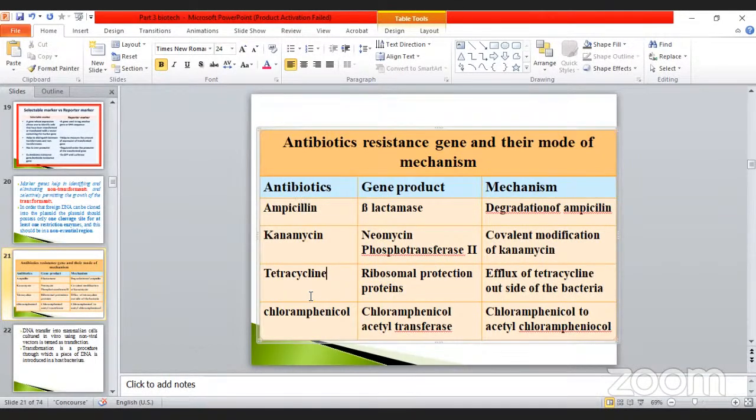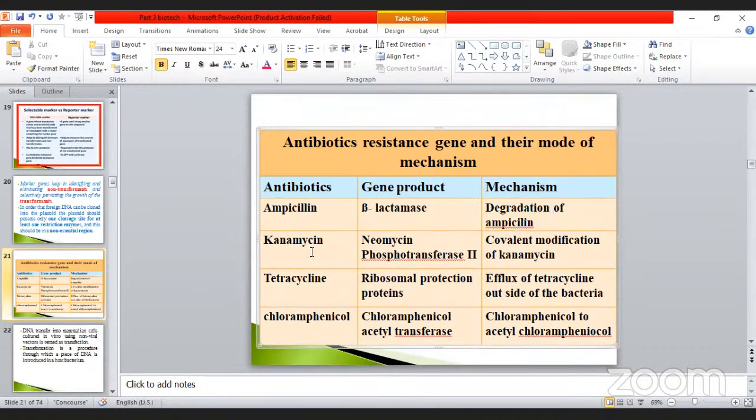These are the antibiotics. Which gene is responsible for this one? The gene product is beta-lactamase. Don't forget, my dear, it is not beta-lactase, it is the beta-lactamase gene product. Mechanism: degradation of ampicillin. This is an important thing.